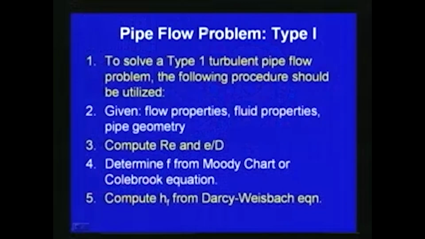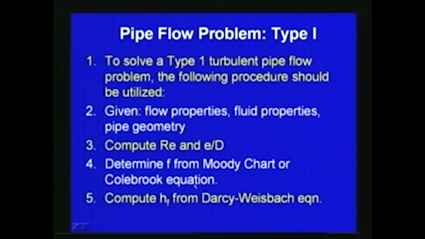For type 1 problems, to solve a type 1 turbulent pipe flow problem, the following procedure we can utilize. The given parameters are, as we discussed, the flow properties, fluid properties and pipe geometry. The next step is, by using these parameters we will compute the Reynolds number, and also find out the E by D ratio, roughness height by diameter of the pipe.